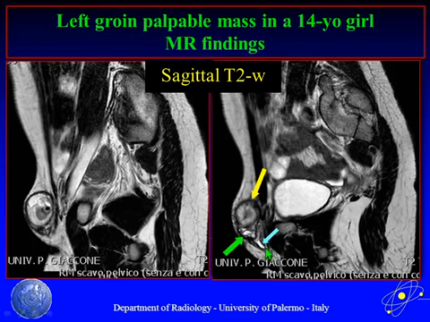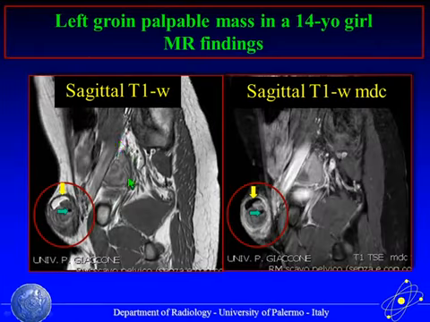Also note some small fluid component in this area. This is a sagittal T2 weighted image. And this is the mass, another slice demonstrating this mass over there. This is the sagittal T2 weighted image without fat saturation.